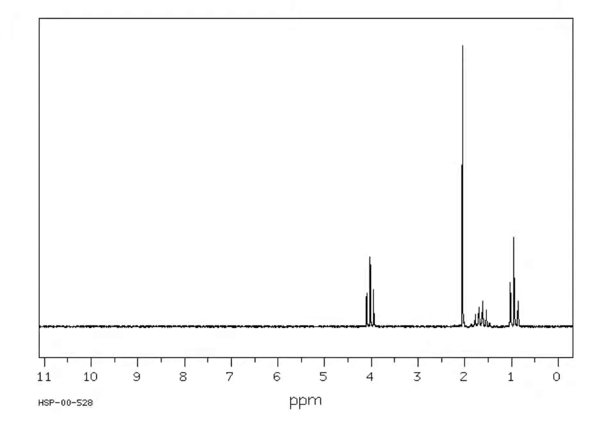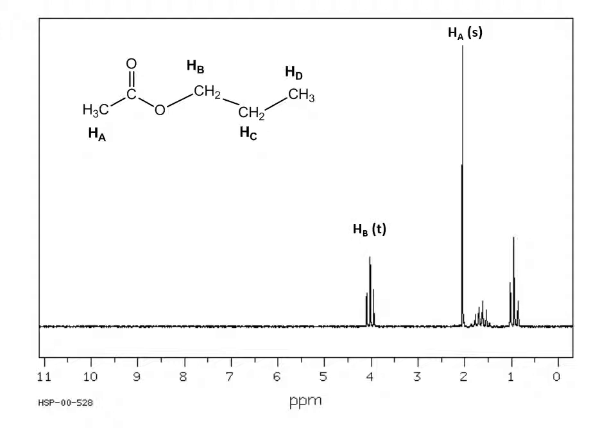Here's a second example showing how we arrive at certain kinds of splitting. For this ester, the Ha protons are CH3 that again do not have protons within 3 bonds of any other protons, so the Ha protons are a singlet. The Hb protons in CH2 are within 3 bonds of another CH2, therefore the 2 plus 1 rule applies, so the Hb proton should represent a triplet.